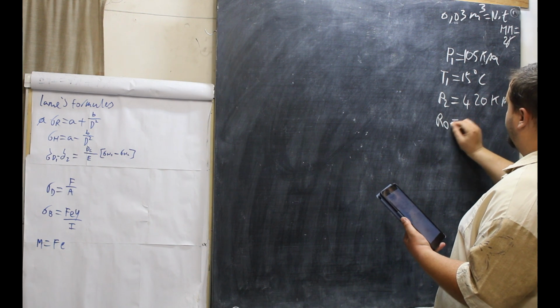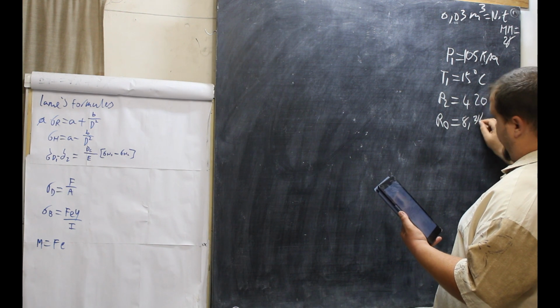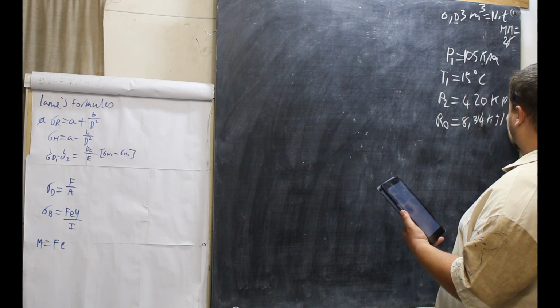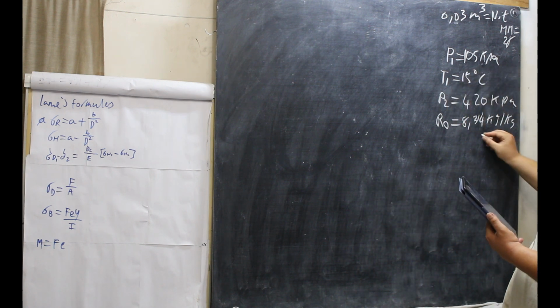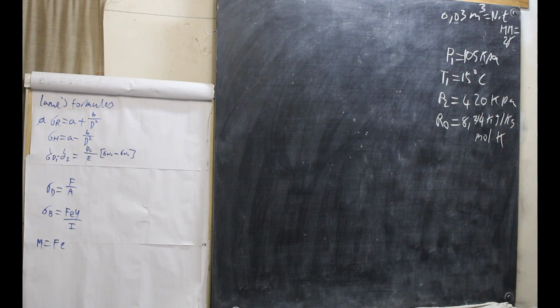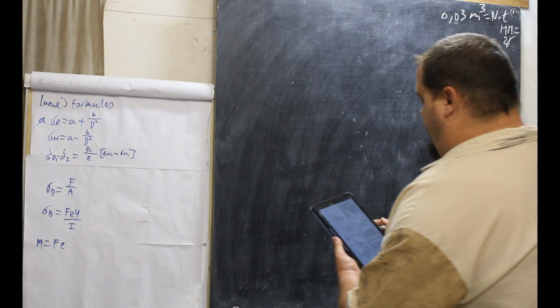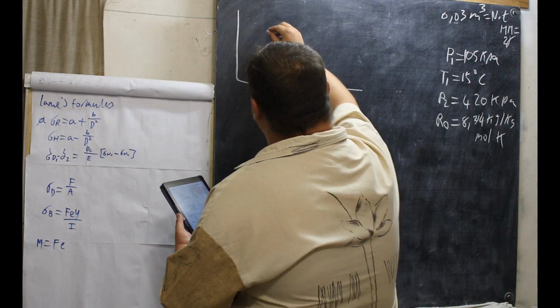R0 is equal to 8,314 kilojoules per kg mole K. Now, the temperature seems to stay the same, so only the pressure changes. So now, we need to draw a diagram.